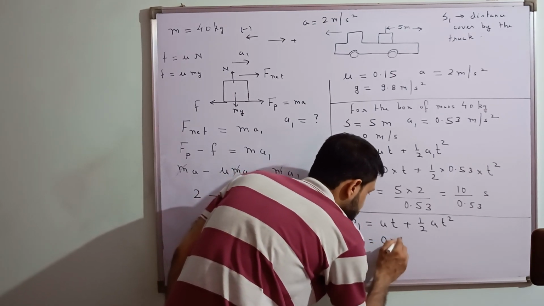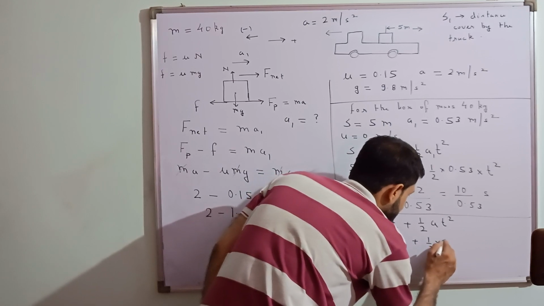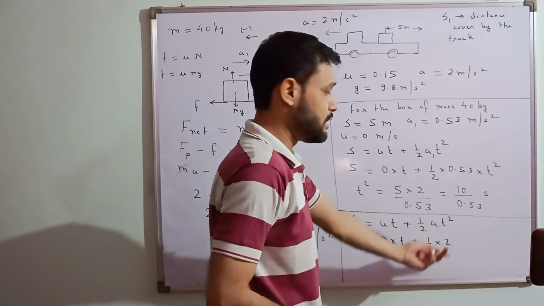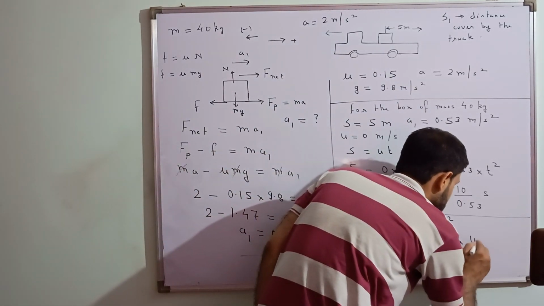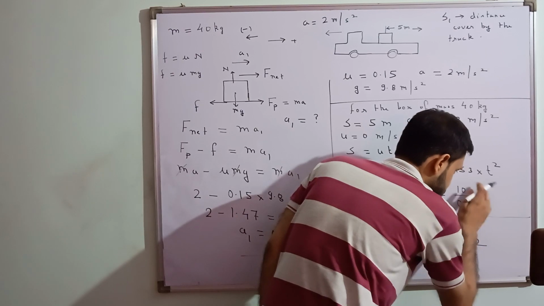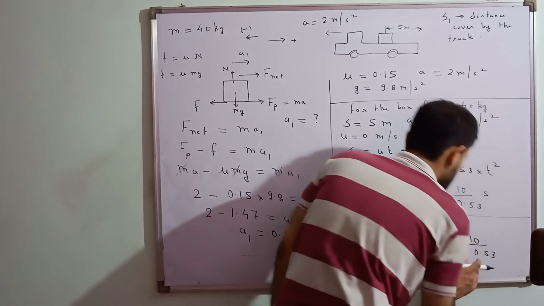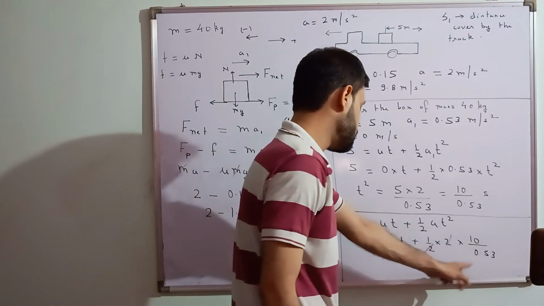Truck is starting from 0, the u is 0, then half. How much is the acceleration? Is this. So S1 becomes how much? Into t square. In place of t square, what we have to put? We have to put this. Okay. See over here, this is the thing I'm just putting over here. Is it okay? This 2 and 2 will get cancelled.